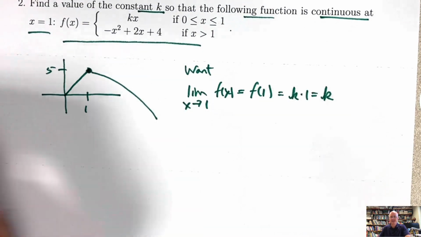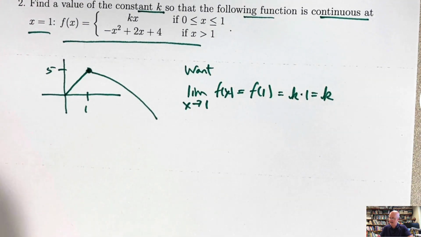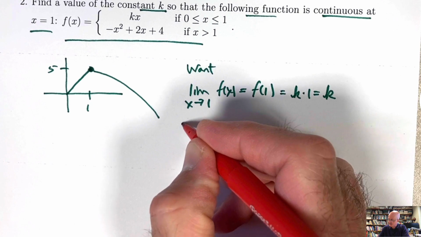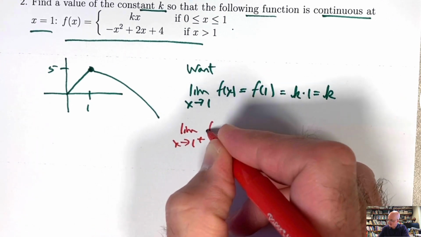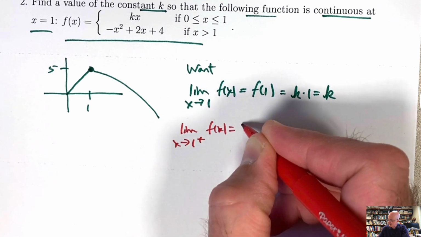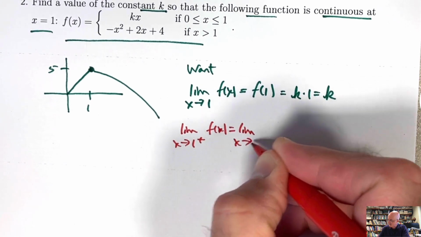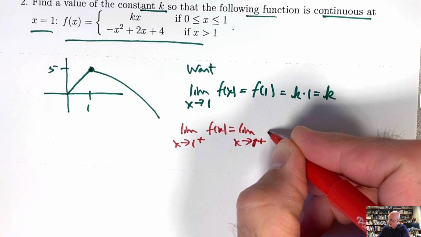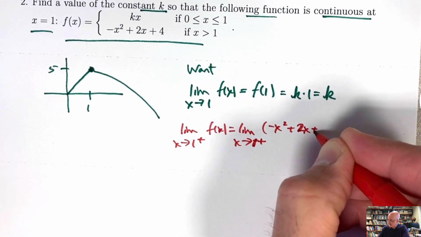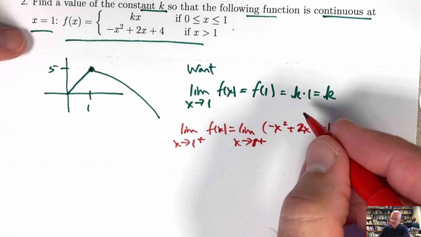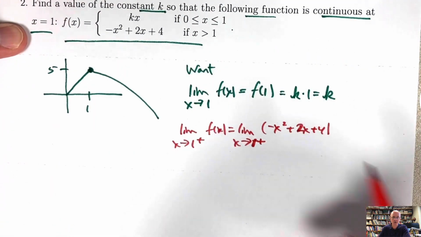What about when x is approaching 1 from the right? Then I need to think about the second formula, negative x squared plus 2x plus 4, because that's the formula that's relevant when x is greater than 1.